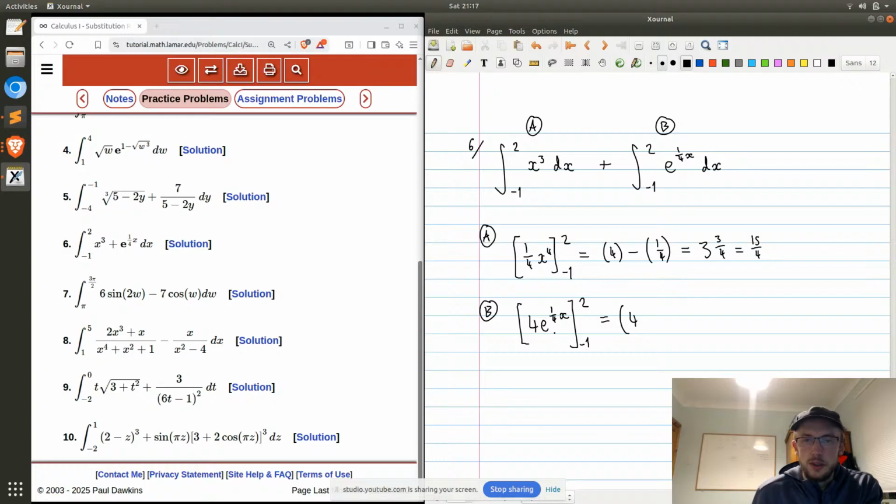So 4 times e to the half, so 4 root e. And what's that? To the minus quarter. Okay.